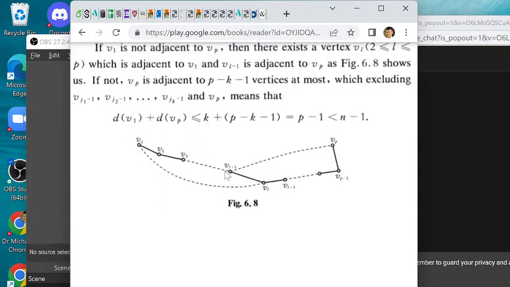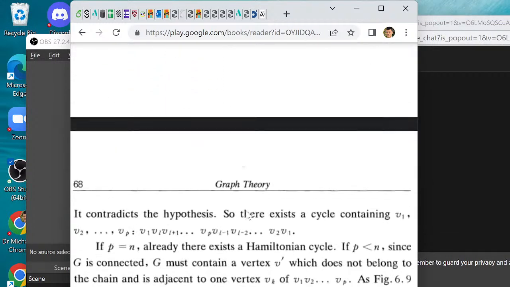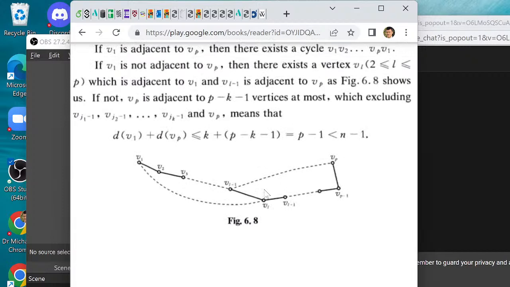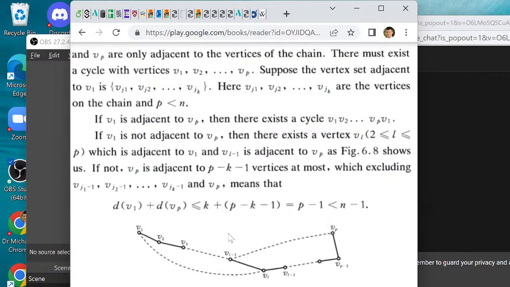So if this vertex appears at VK, then you have this cycle and you make a VK, basically V1, or VP, sorry, and you relabel it. And then you keep continuing with it from VK. That's where V prime tacks on. And once you can't continue it anymore, you do this little trick here that makes it into a cycle. Okay, that's a pretty neat proof.